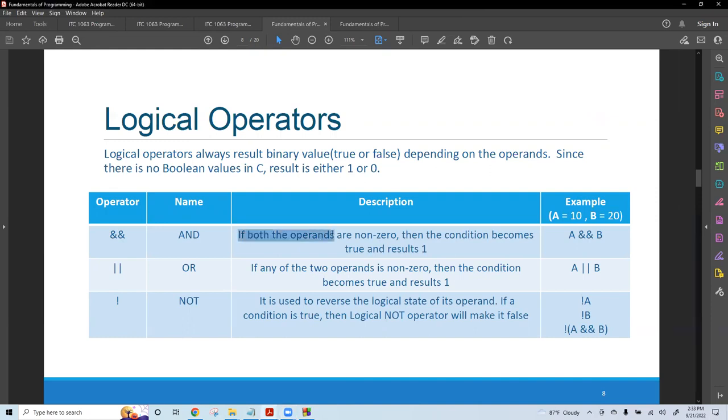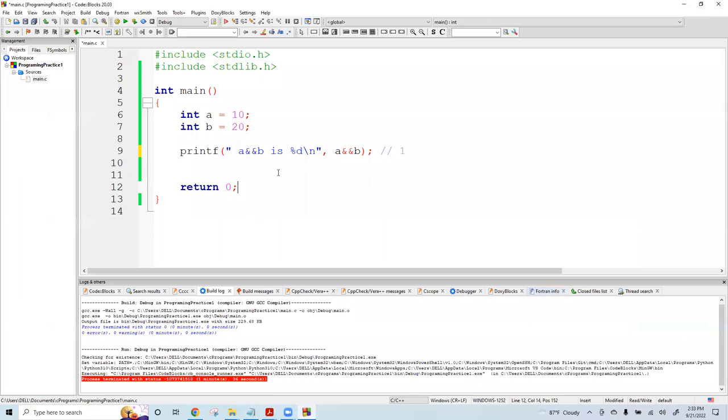The reason is this. Here, in the description, you can see if both operands are non-zero, then the condition becomes true. And true means 1. If A and B both are non-zero, the A and B logical operation would result in 1.